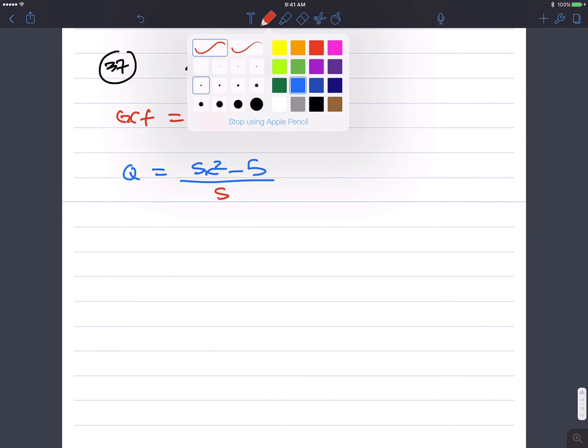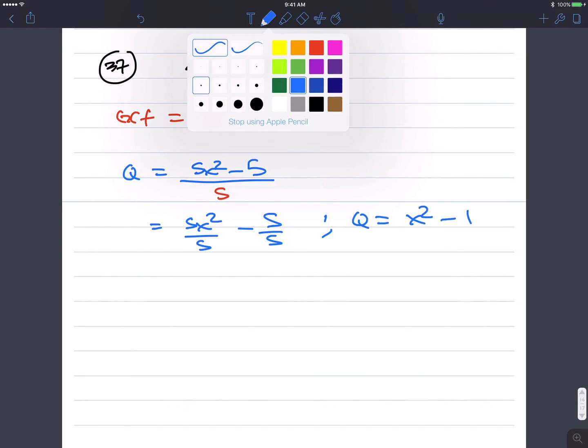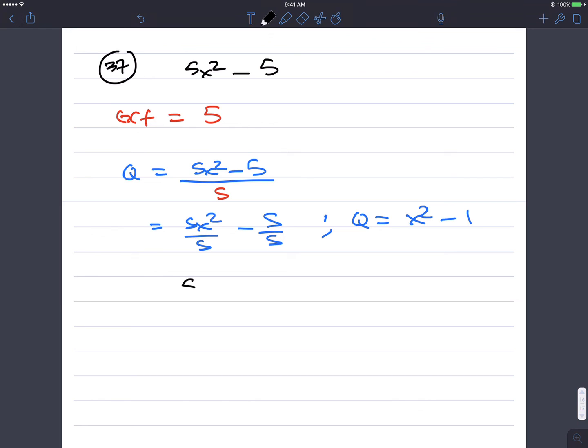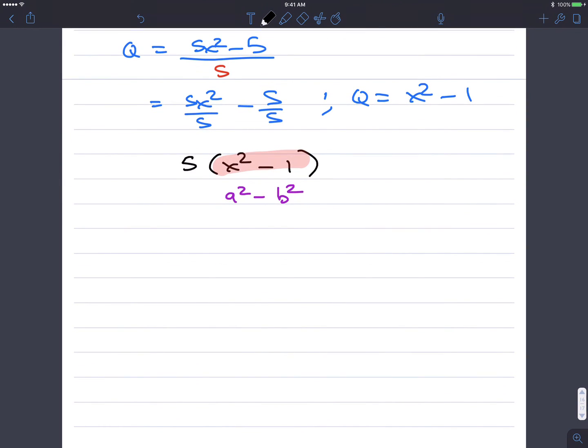Let's see what this quotient is. 5x squared over 5 minus 5 over 5. What's that quotient? x squared minus 1. So, 5 times x squared minus 1. Factor the quotient. What's the quotient? Difference of perfect squares. You guys okay with that?